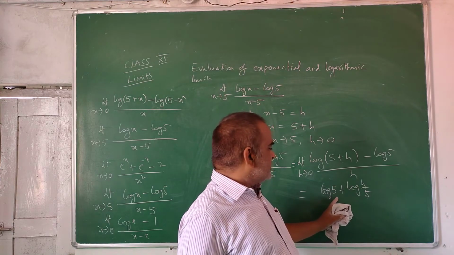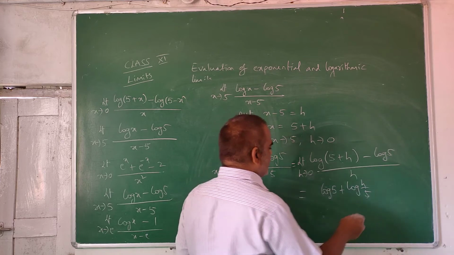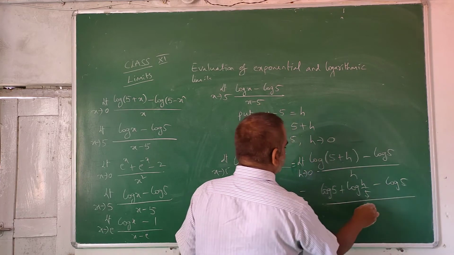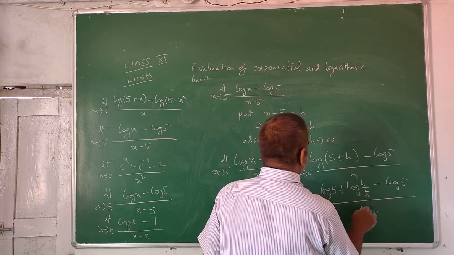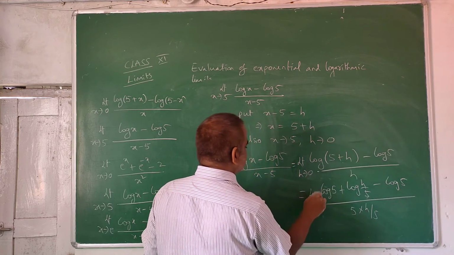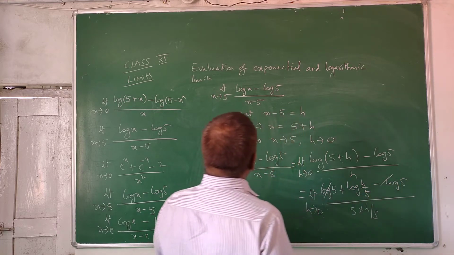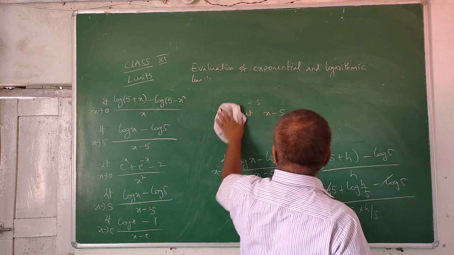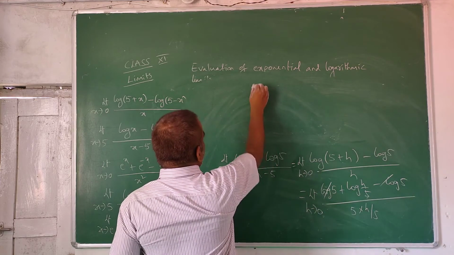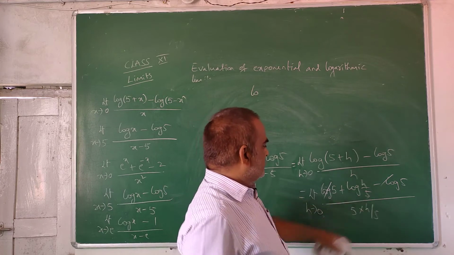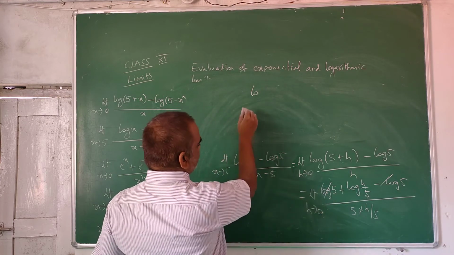So it becomes log 5 plus log 1 plus h by 5 minus log 5 by h by 5 into 5, limit h tends to 0. Then log 5 minus log 5 get cancelled. Then you are left with log 1 plus h by 5.